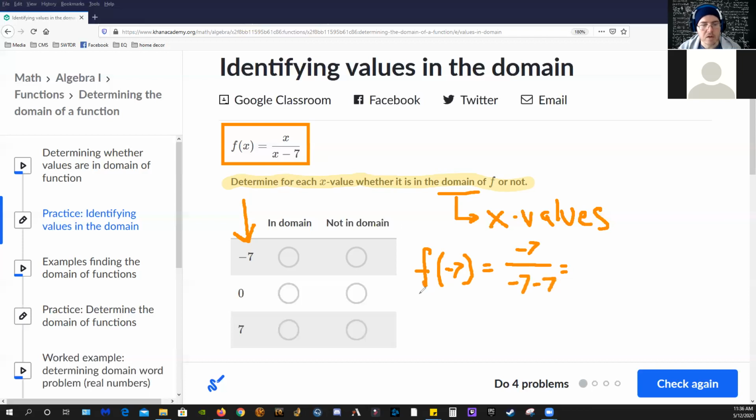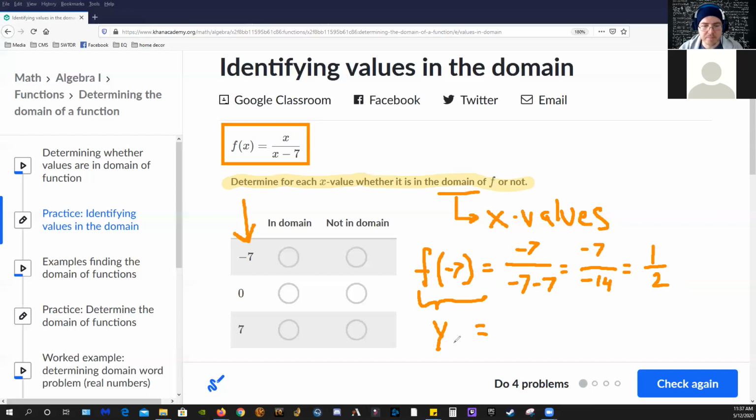So this is sort of like saying y equals -7 over -14, since -7 minus 7 is -14. You can simplify this to say 1/2. So y would be equal to 1/2.